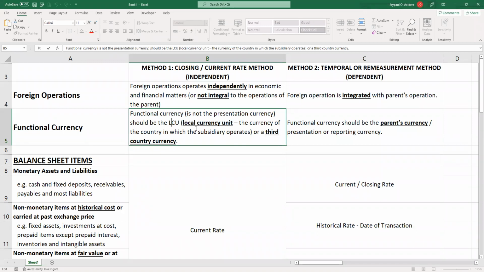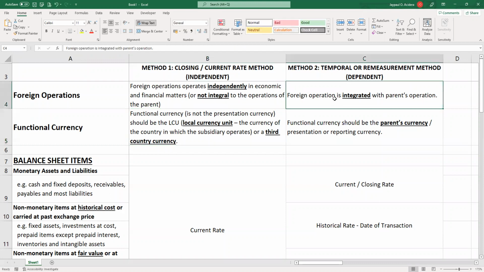Kasi kaya naman niya mabuhay ng sarili niya. Independent yung operations na yan. Kaya pwede siyang gumamit ng local currency unit, which is Singaporean dollars, as a functional currency niya.